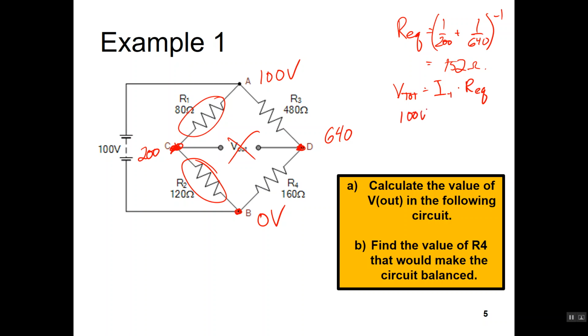So 100 volts is equal to I times 152. Therefore, I is going to be something like 0.6. 0.7? Let's do 0.66.